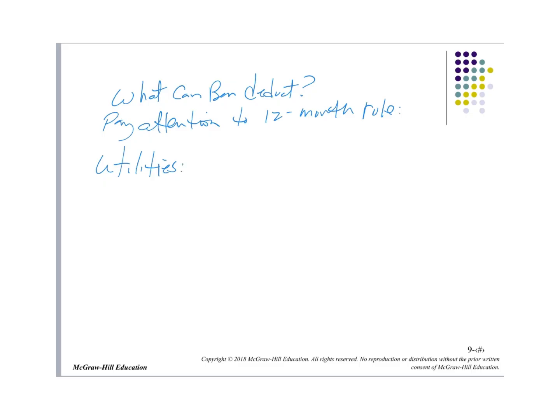Let's look at utilities. What do we know about utilities? Remember that all payments were made June 30th. He paid $10,000 for 10 months. What can he deduct?